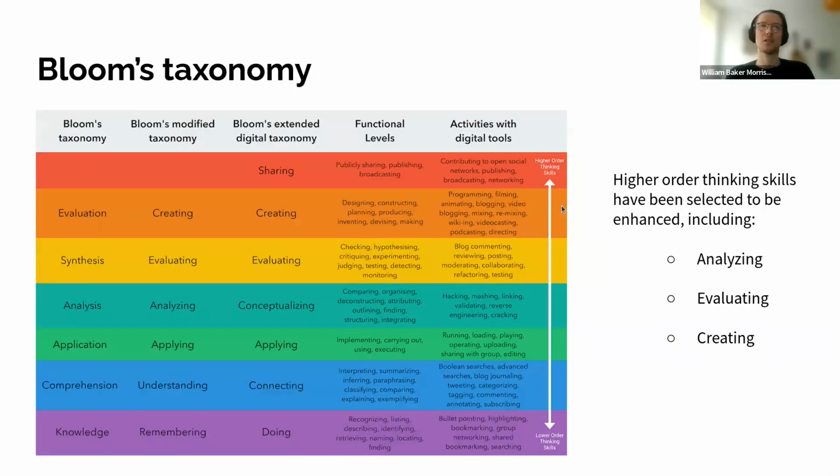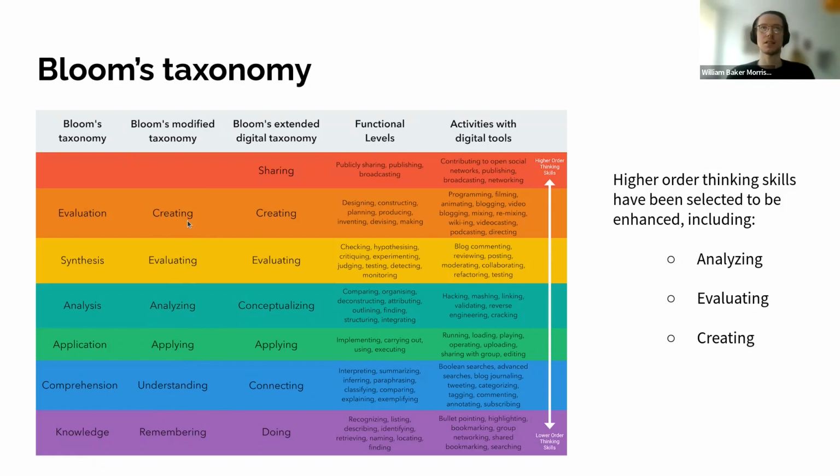Bloom's taxonomy is a way of quantifying the different ways in which we learn, from the low order thinking skills, for example remembering. We'll be focusing on Bloom's modified taxonomy: from remembering to understanding, to applying that knowledge, analyzing, evaluating, and then finally creating.